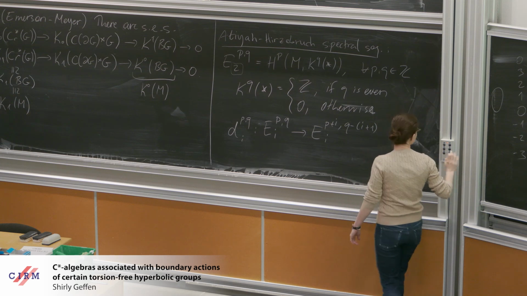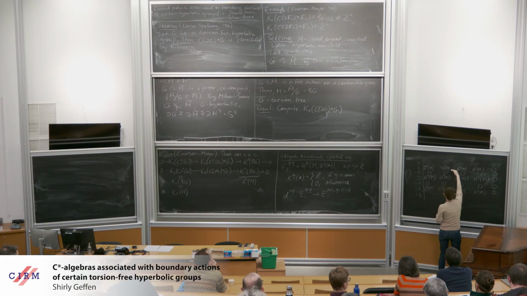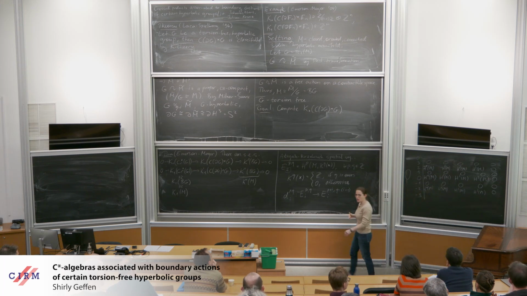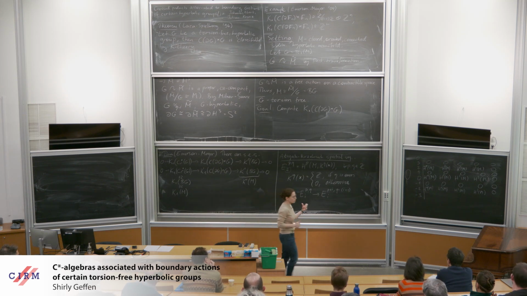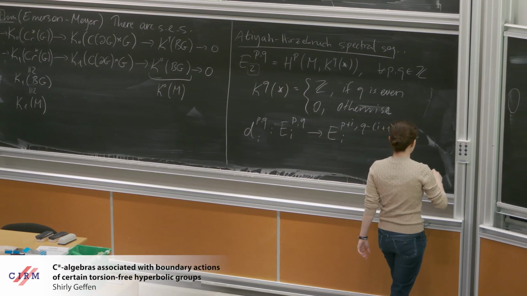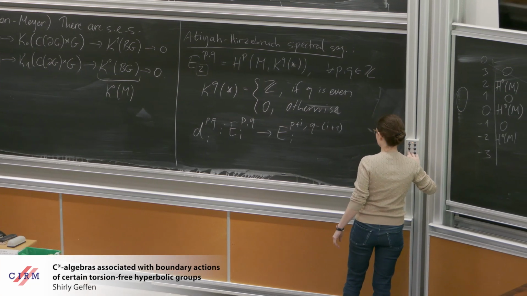In our case, since all the differentials move from odd rows to even rows, and from even rows to odd rows, they either have a domain which is 0, or they have an image which is 0. Therefore, all these differentials will always just be the 0 maps.